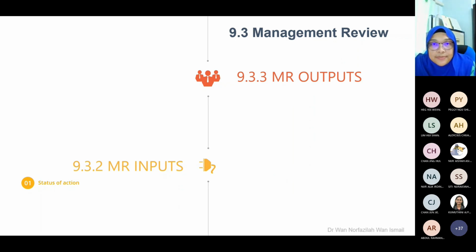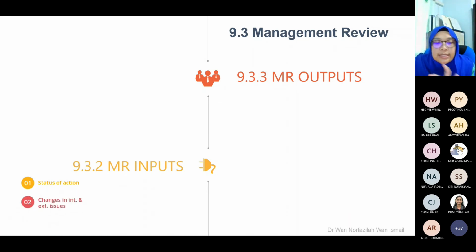Dah siap sampai mana? Okay, if you do the risk matrix, and then you identify which risk that you need to solve first, and what is the status during the management review. Sampai management review meeting, dah siap sampai mana action that you have take place.